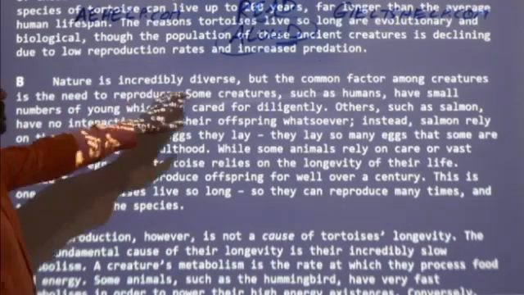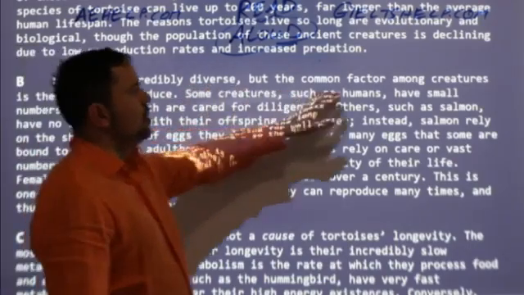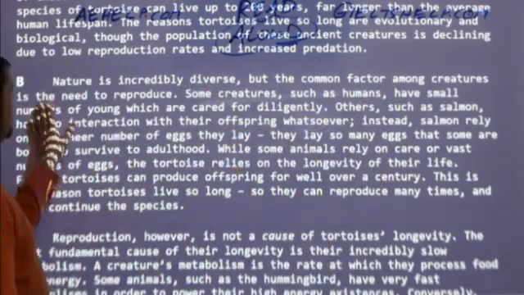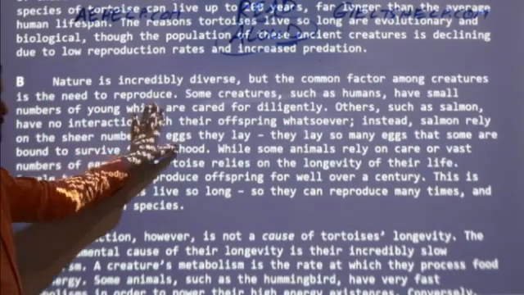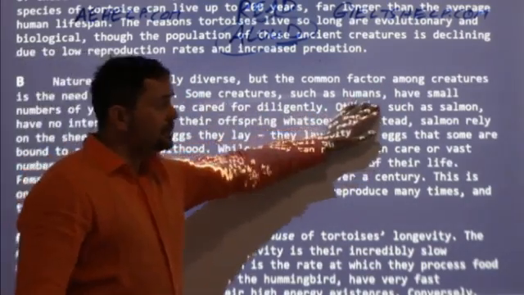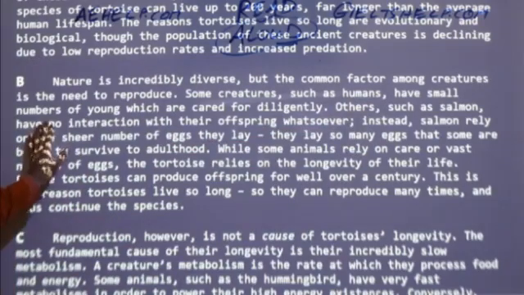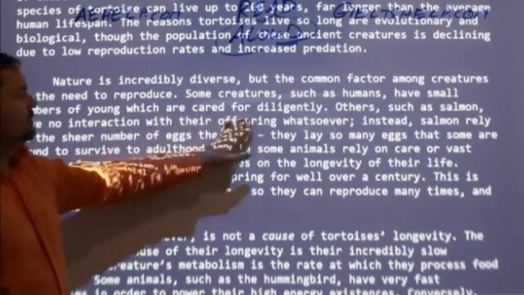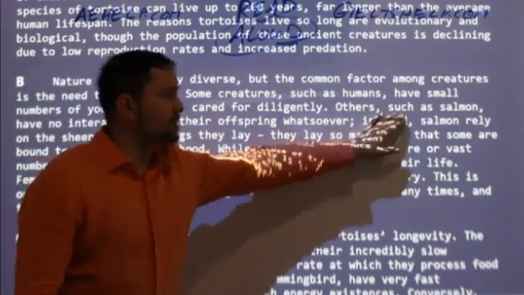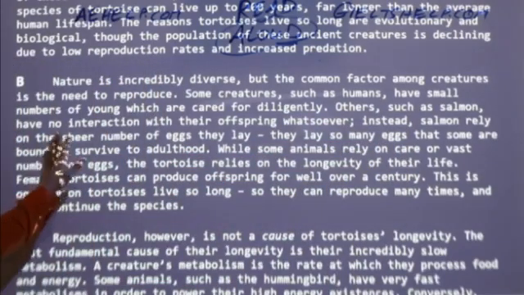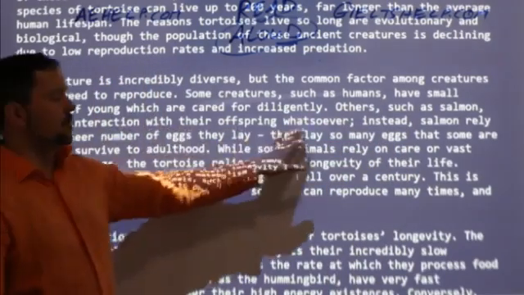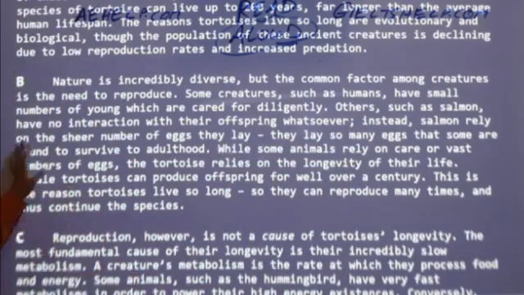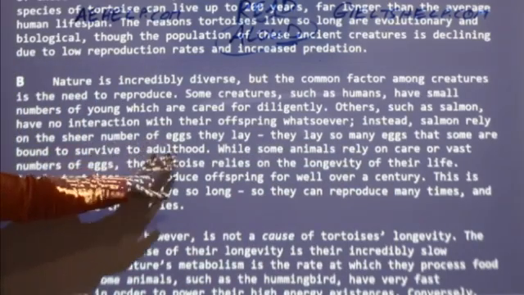Nature is incredibly diverse, but the most common factor among creatures is the need to reproduce. Some creatures, such as humans, have a small number of young which are cared for diligently. Others, such as salmon, have no interaction with their offspring whatsoever. Instead, salmon rely on the sheer number of eggs they lay.